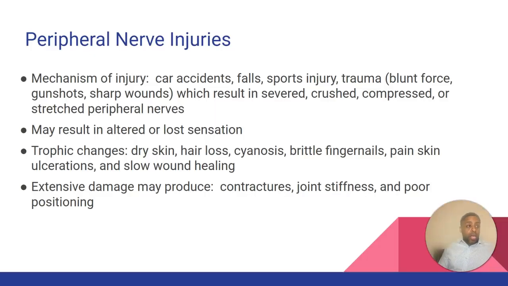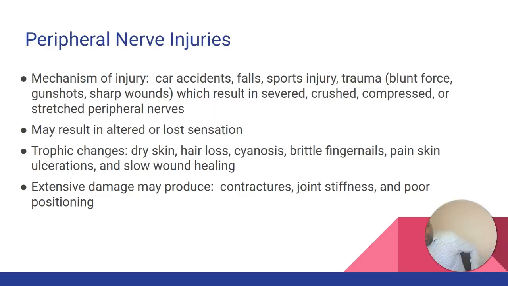If they are unable to differentiate between hot and cold, right? So if they're cooking something, they're at a higher risk of burning their hands because they can't necessarily feel hot or cold sensations. So those are the various types of implications of loss of sensation. And dexterity can be impacted because of loss of sensation on the fingers.